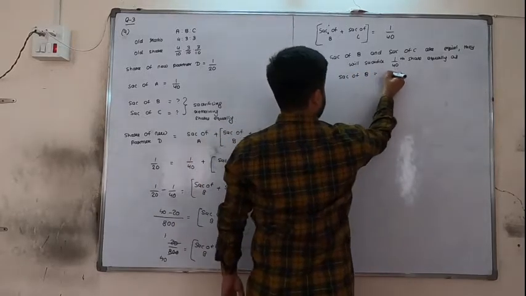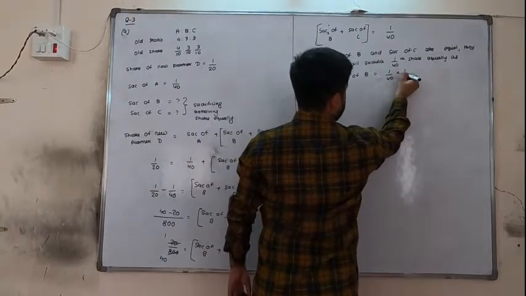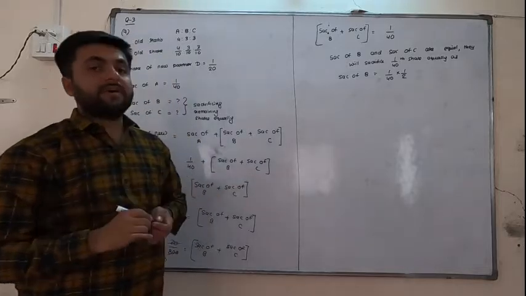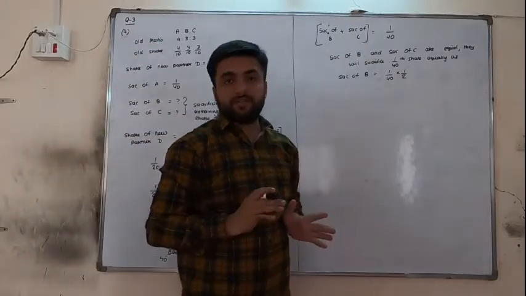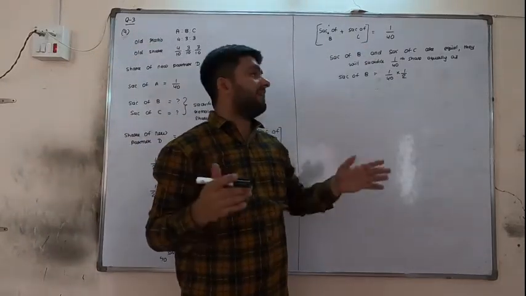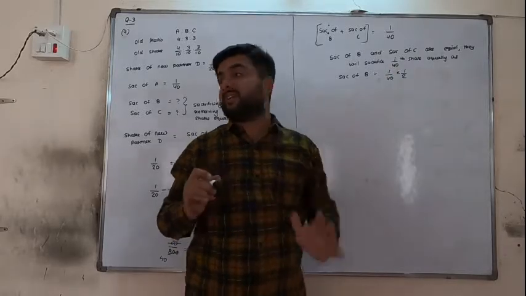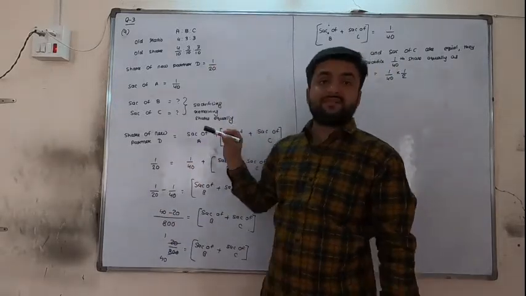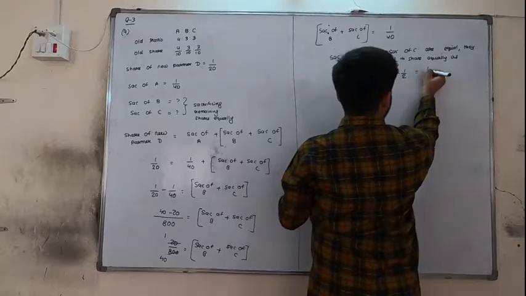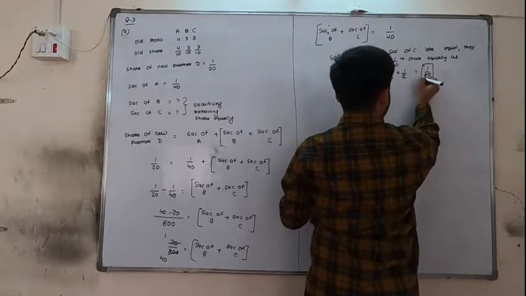Sacrifice of B is 1 by 40 into 1 by 2. Why am I doing 1 by 2? Total is 1 by 40. They will divide it in 2 equal parts. Why in 2 equal parts? Because they are sacrificing it equally. So the sacrifice of B is 1 by 80.